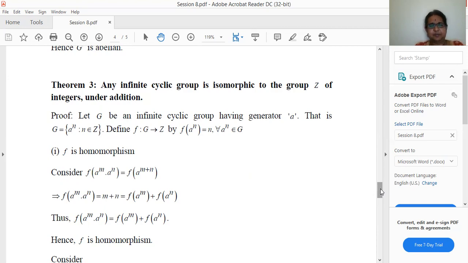Here the mapping is f of a power n is equal to n. Therefore, for a power m dot a power n, the base is the same, so it will be a power m plus n. f of a power m plus n, from the definition of f, is equal to m plus n. And f of a power n is n, f of a power m is m. So we get f of a power m dot a power n is m plus n, and f of a power m plus f of a power n will be m plus n. So LHS is equal to RHS. Therefore, f of a power m into a power n is equal to f of a power m plus f of a power n. So we have shown f is a homomorphism.